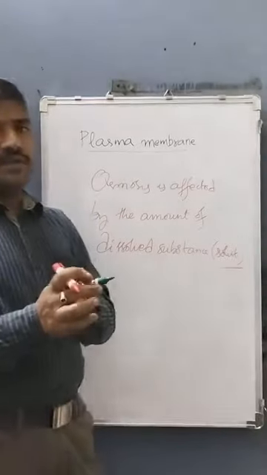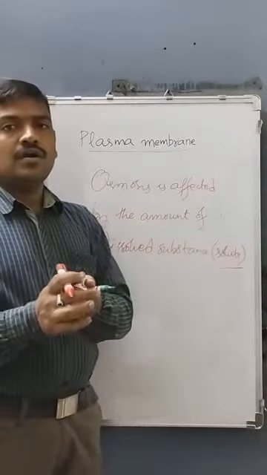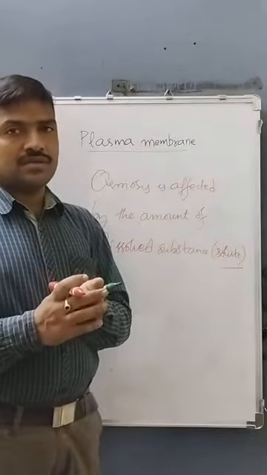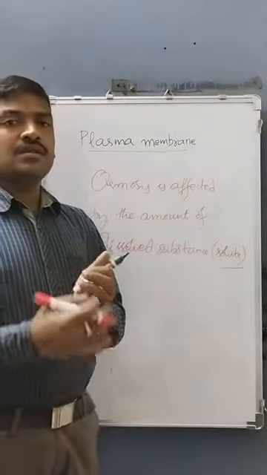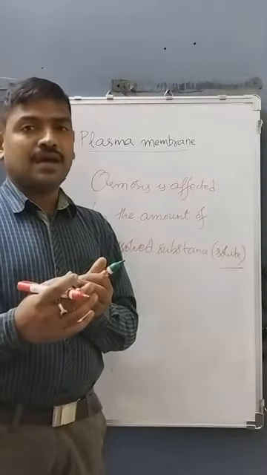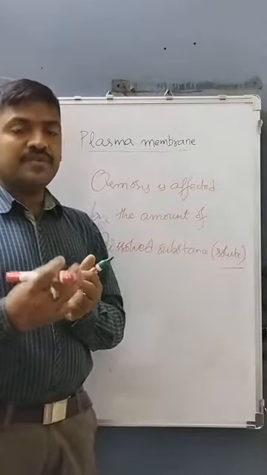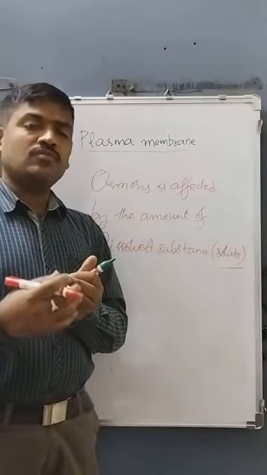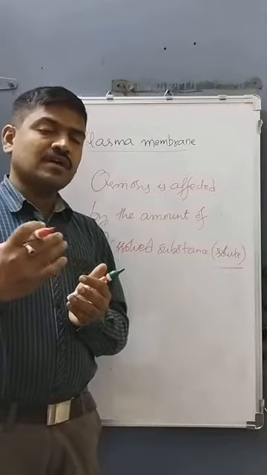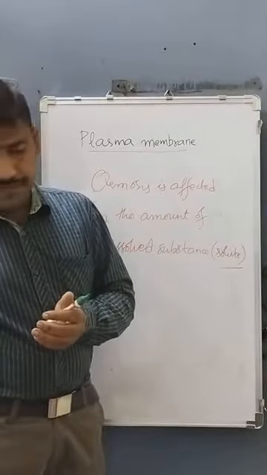What will be its fate? And how many types of media are there, based on the water concentration in comparison with the water concentration of the cell? There are three types of media with respect to the water concentration in comparison with the water concentration of the cell.